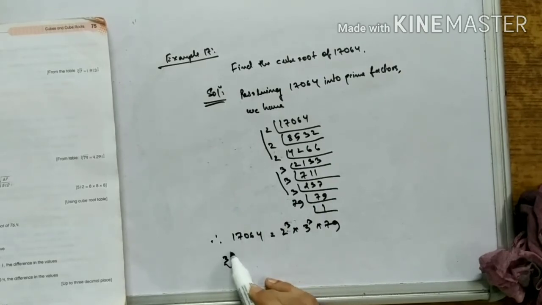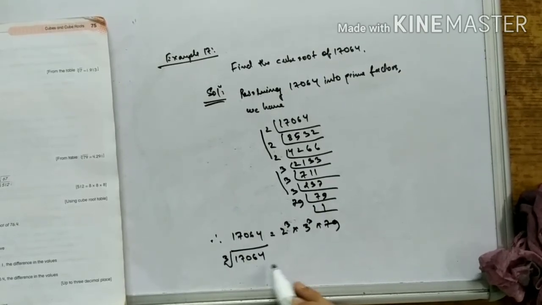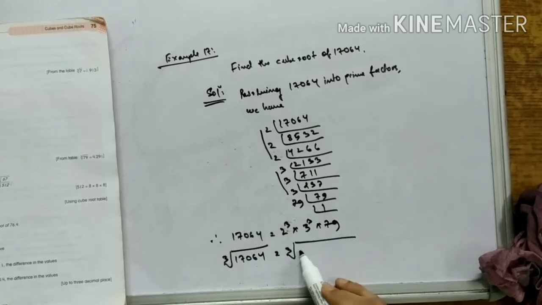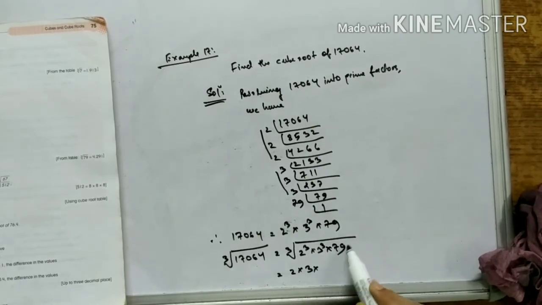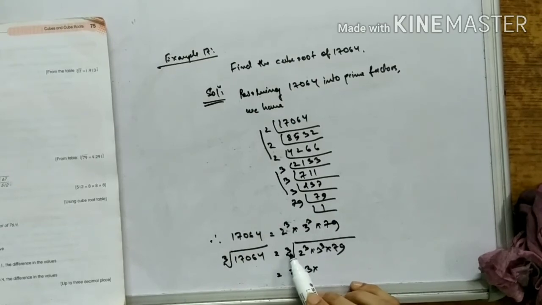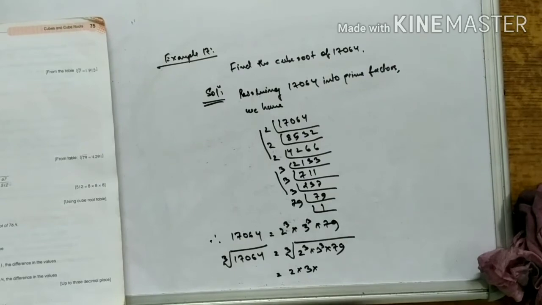So therefore cube root of 17064 is equal to cube root of 2 cube into 3 cube into 79. So here cube and cube root cancel out. So I will get 2 into 3 into, here 79 does not have a power of cube, understand? So the cube root of 79 will remain.